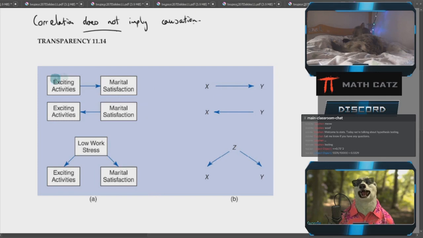It could be that exciting activities has a direct effect on marital satisfaction. It could be the other way around. If there's a correlation, marital satisfaction could cause a higher rating in exciting activities. It could be neither one of these.